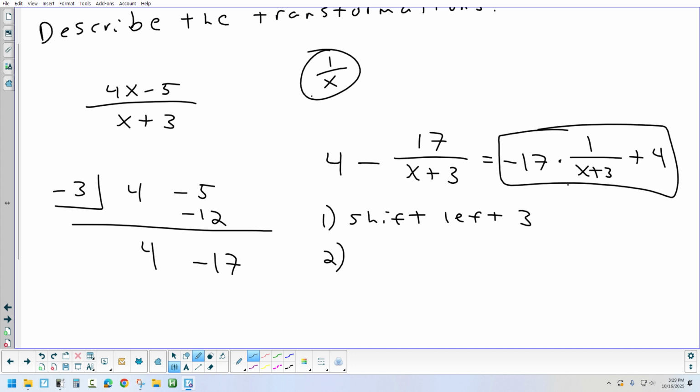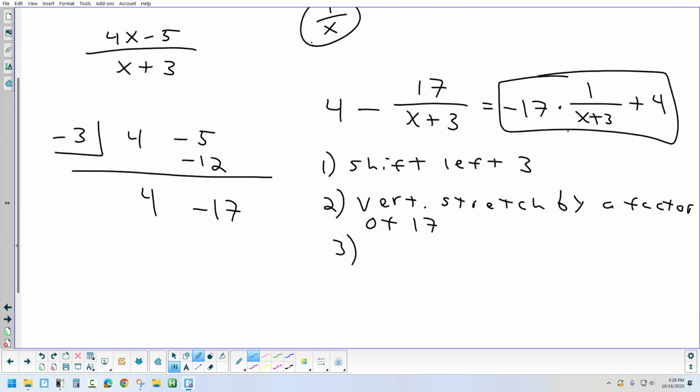Vertical stretch. By how much? 17. Yes, so it's a vertical stretch by a factor of 17. All right, took care of the 17.